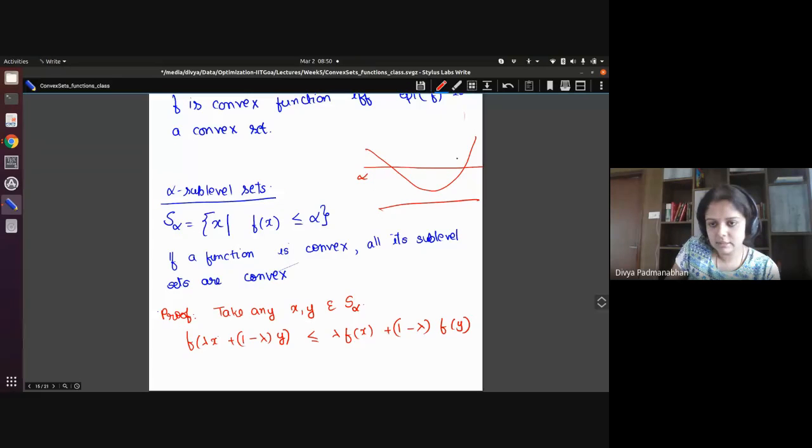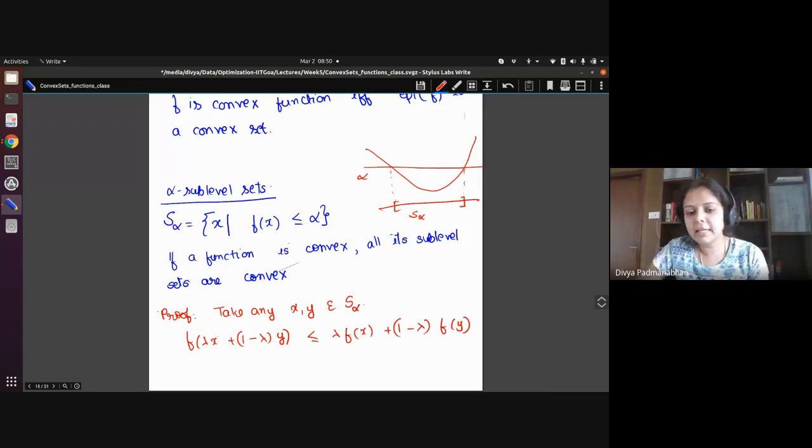If this is the value at which you want to threshold, this is the first point for which f of x is less than or equal to alpha, and basically you have this whole interval. This is the set S alpha. For every point in the set, the function lies below alpha.